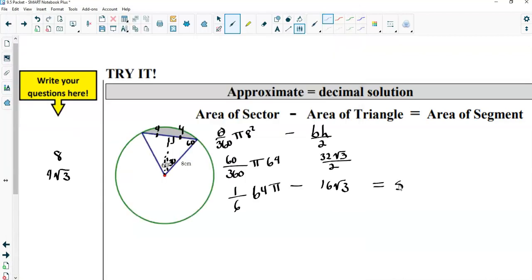It's about 5.8 square centimeters. So that's the area of this segment.